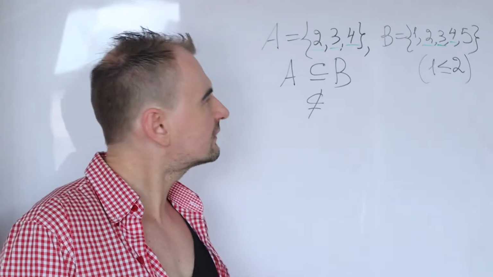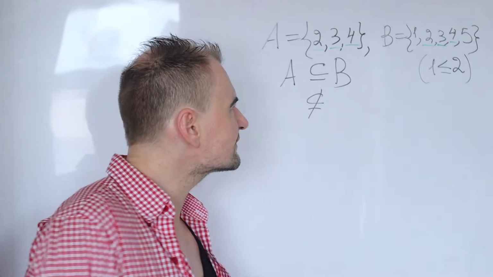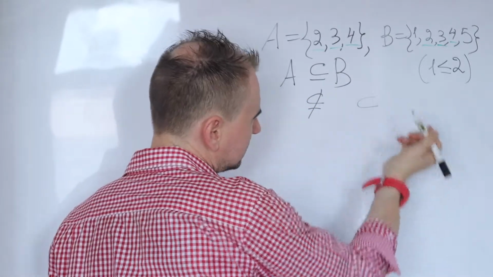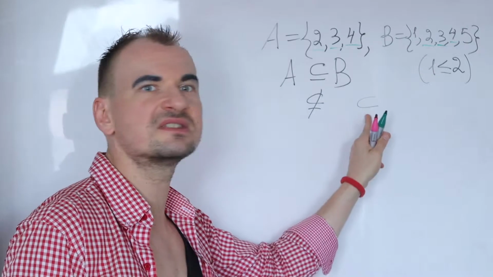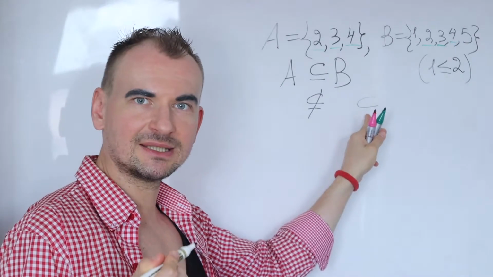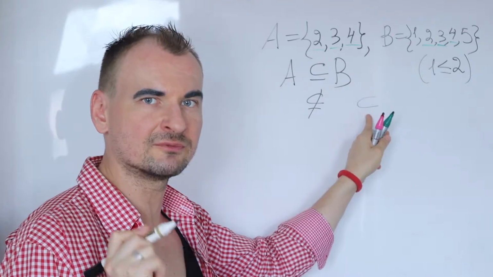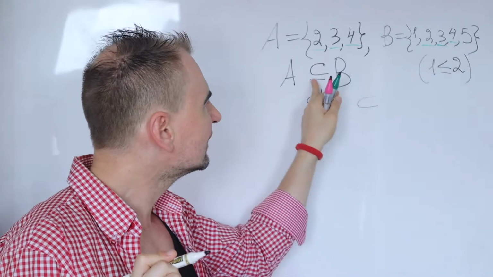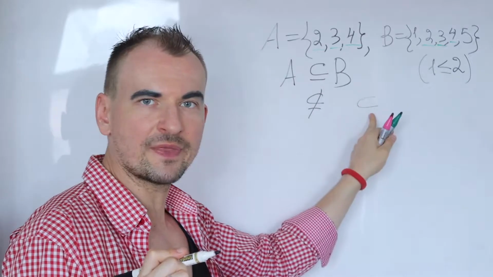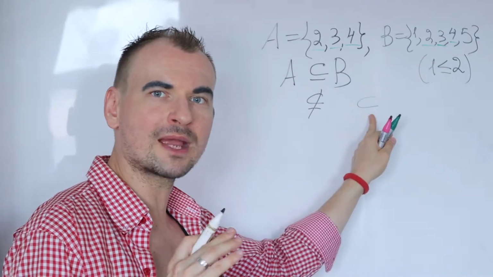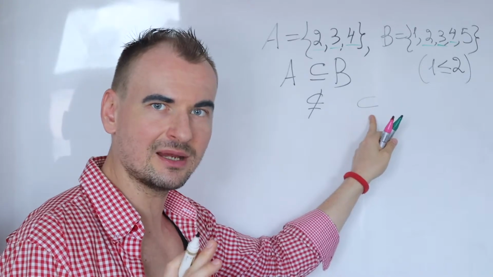Now, a little remark over here: sometimes instead of this symbol, a book or your teacher might use this symbol, but there has to be some agreement on what you should understand when you use this symbol or that symbol. There has to be no ambiguity, it has to be clear.